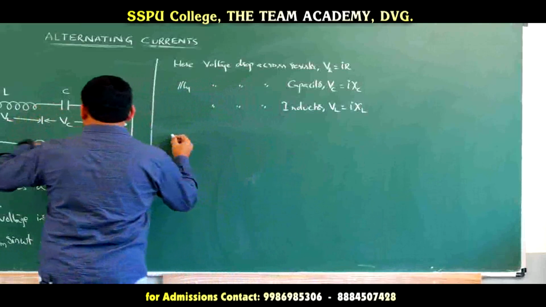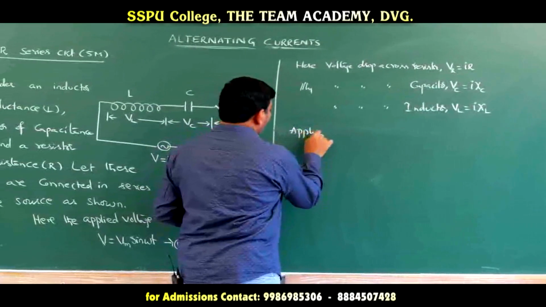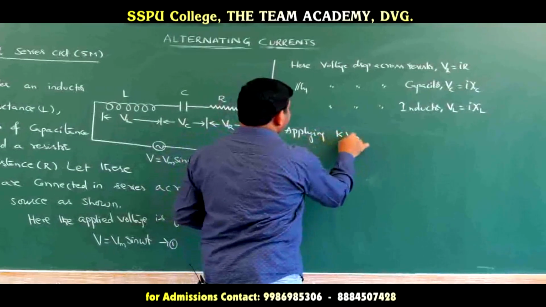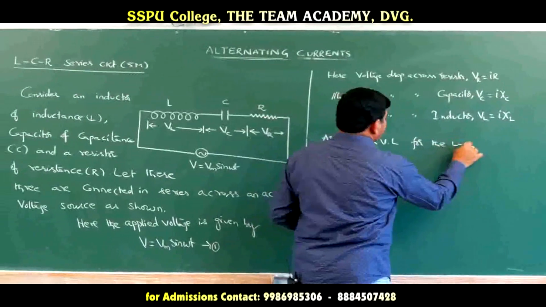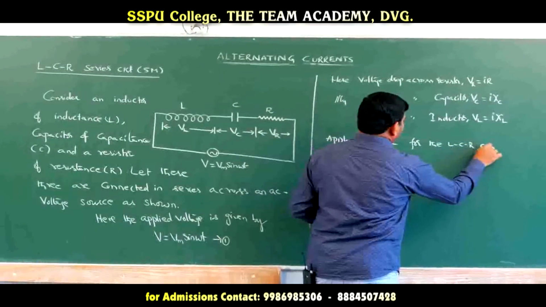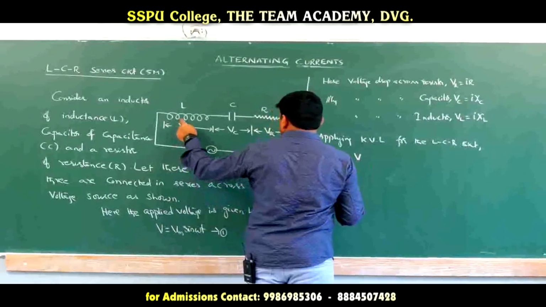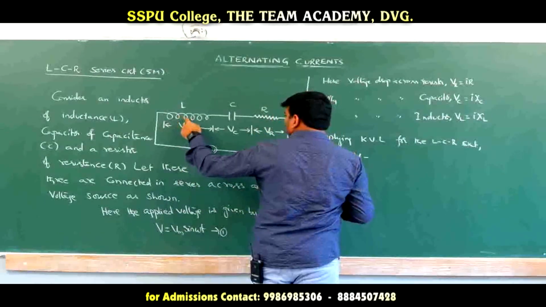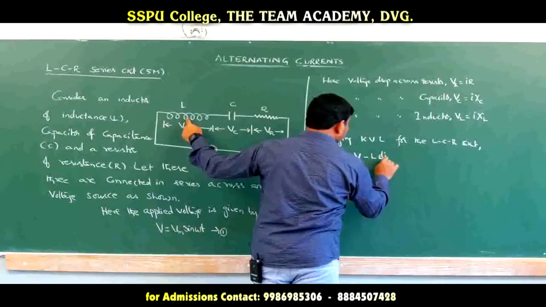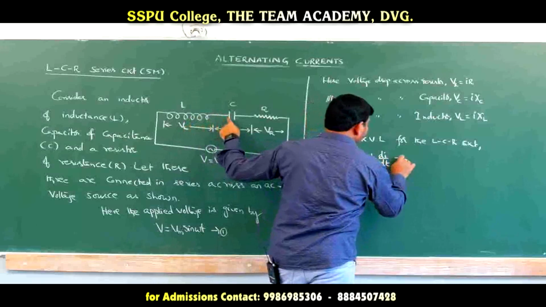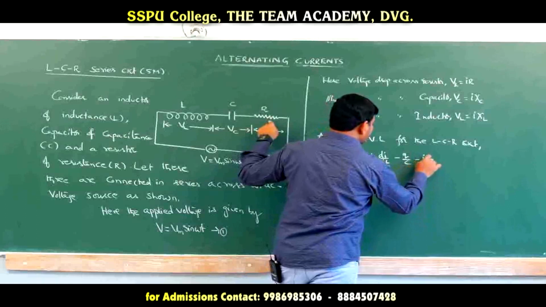Applying Kirchhoff's voltage law for the LCR circuit, what are we getting? The applied voltage is V minus the drop across the inductor, L di/dt, minus the drop across the capacitor, q/C, minus the drop across the resistor, IR.